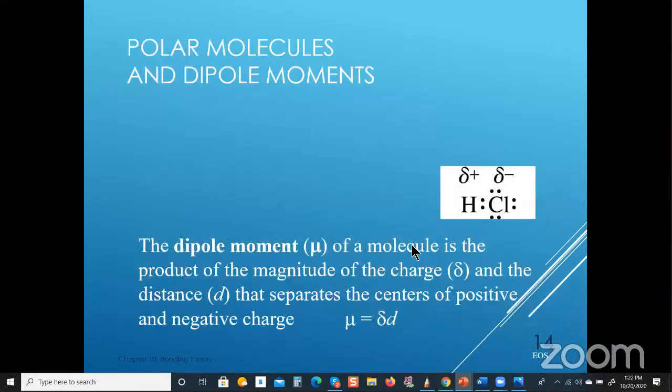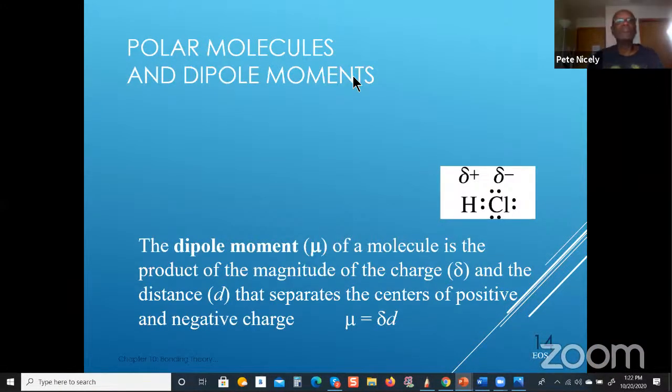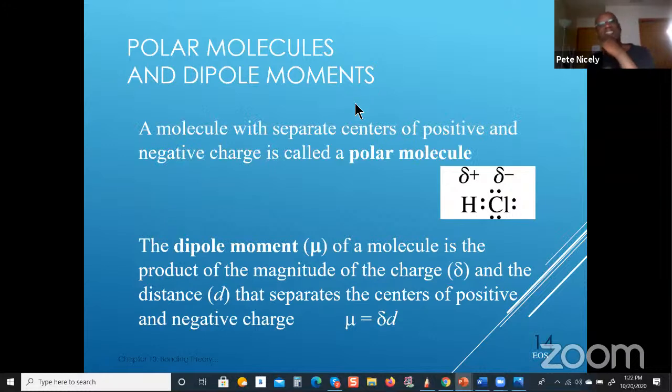Okay, so now we're going to talk about dipoles and polarity and all that good stuff. Now, we talked about electronegativity before, and that you can have polar bonds based on the separation of charge from the difference of electronegativities between 2 atoms.